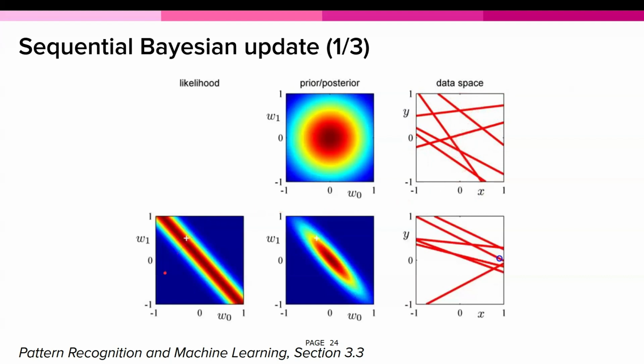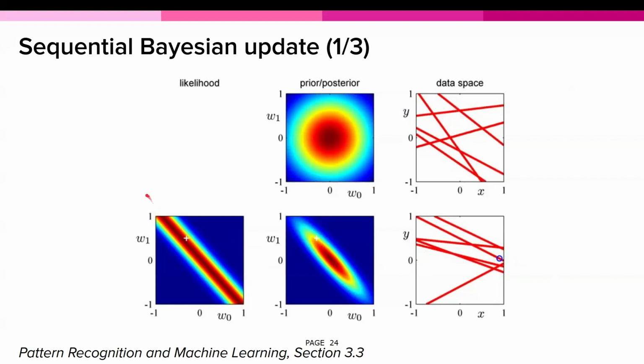Okay, and so in the second row now, we're going to see what happens after we observe just one data point. So this is our likelihood function now. If we observe one data point, specifically x of 0.9 and then a y of 0, there are many possible sets of weights that could account for that particular observation.